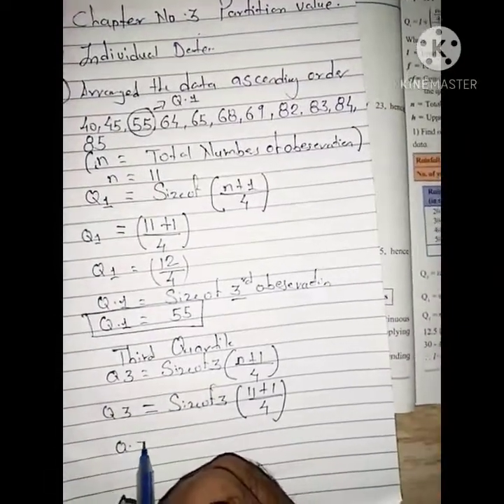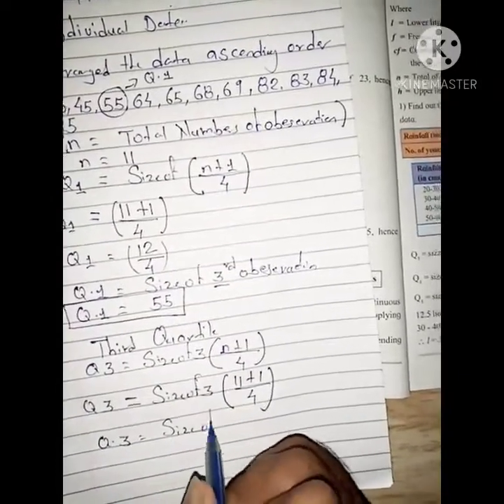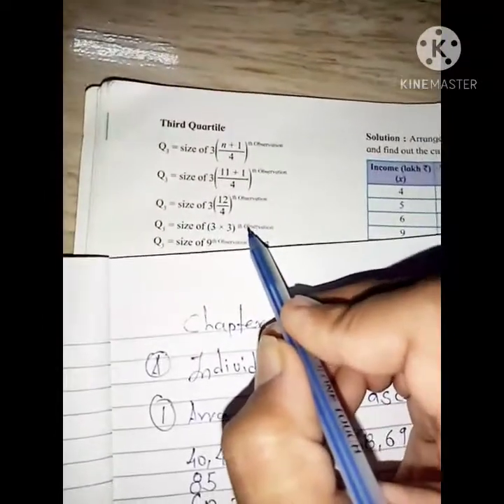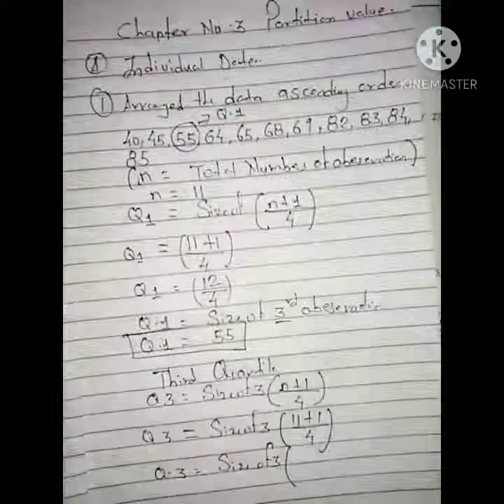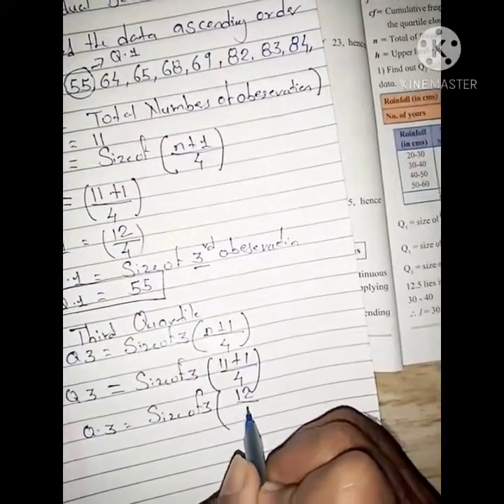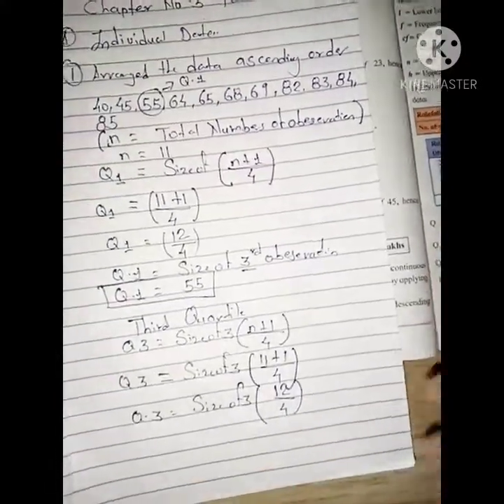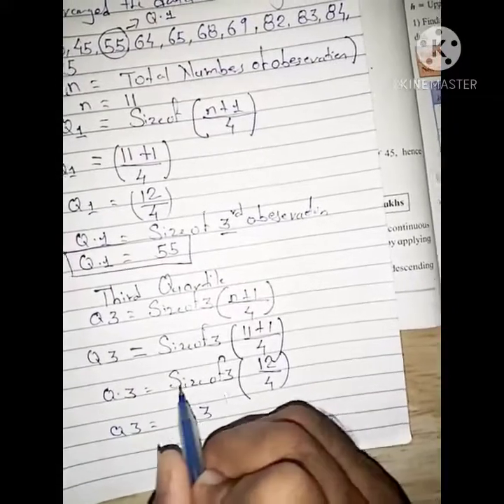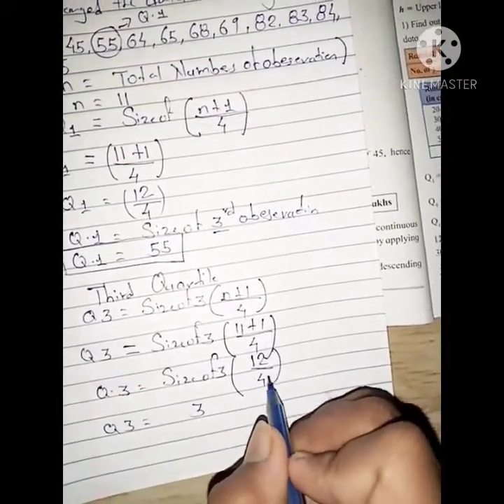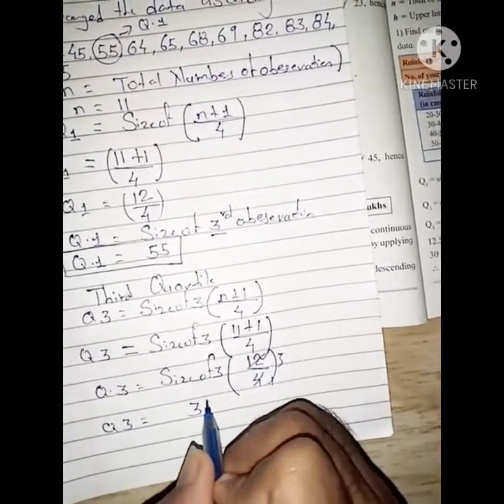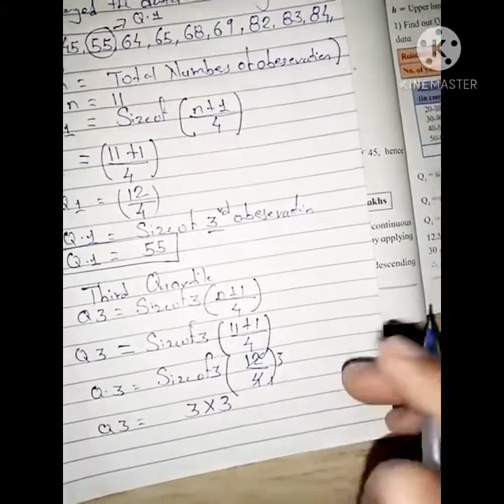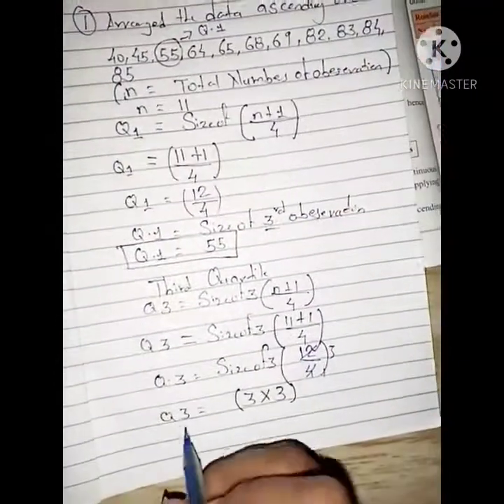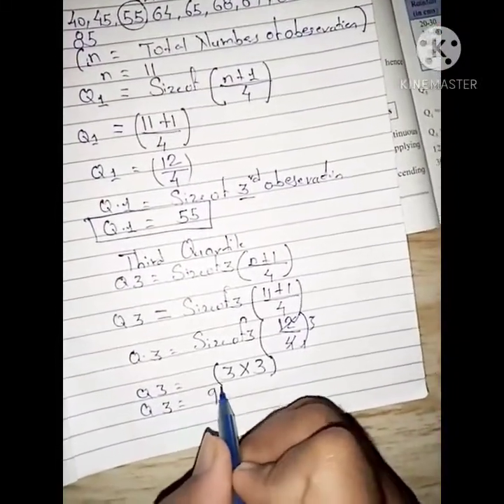The third observation, this is known as the observation; every time they write it in this textbook, you don't need to write 'third observation' each time. 12 upon 4, and 3 times that: 4 ones are 4, 4 threes are 12. So it will be Q3, the 9th observation.